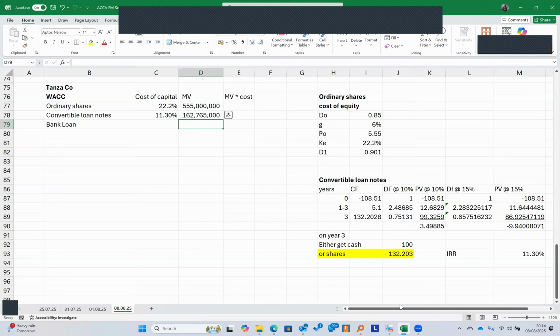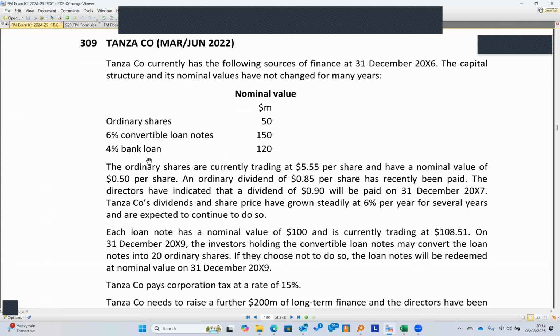And now the bank loan, what we said yesterday, for this one, the market value is basically what you have. Yesterday, the bank loan was at a variable interest rate, so we didn't have its interest rate. But now we know it's 4%.